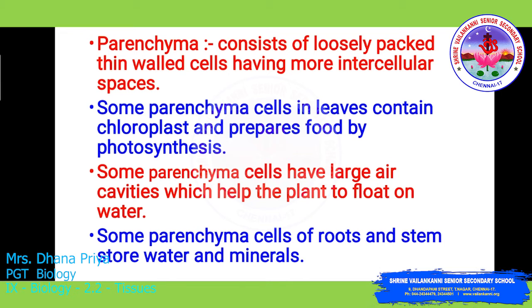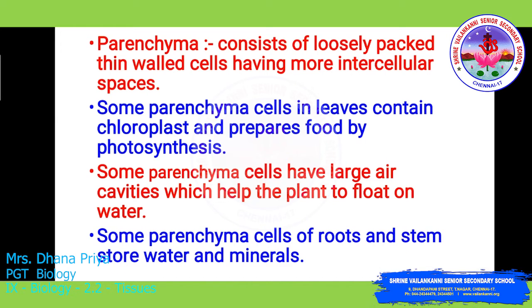The parenchyma cells consist of loosely packed thin-walled cells having more intercellular spaces. So this is a very important point, because the parenchyma is made of loosely packed cells. Why is it arranged loosely packed? Because it has intercellular spaces.